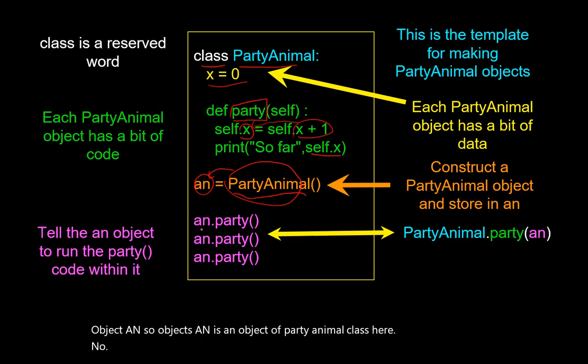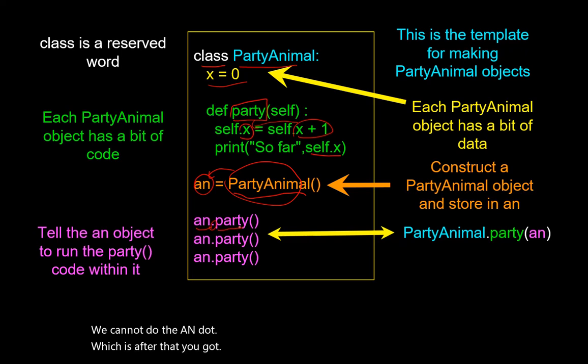Now we're going to do the an dot, which is after that we're going to invoke the party method of the class. And what it does basically is we increase the number of x by 1, and we do this 3 times.